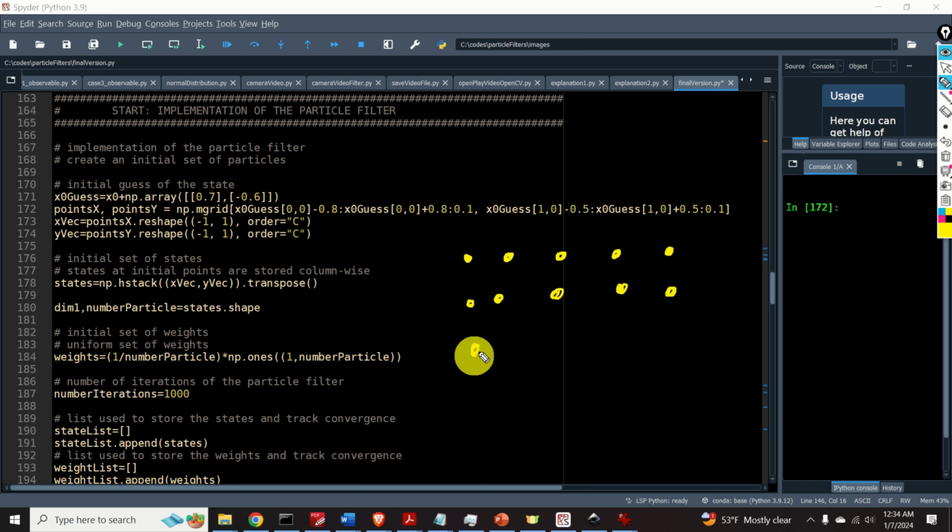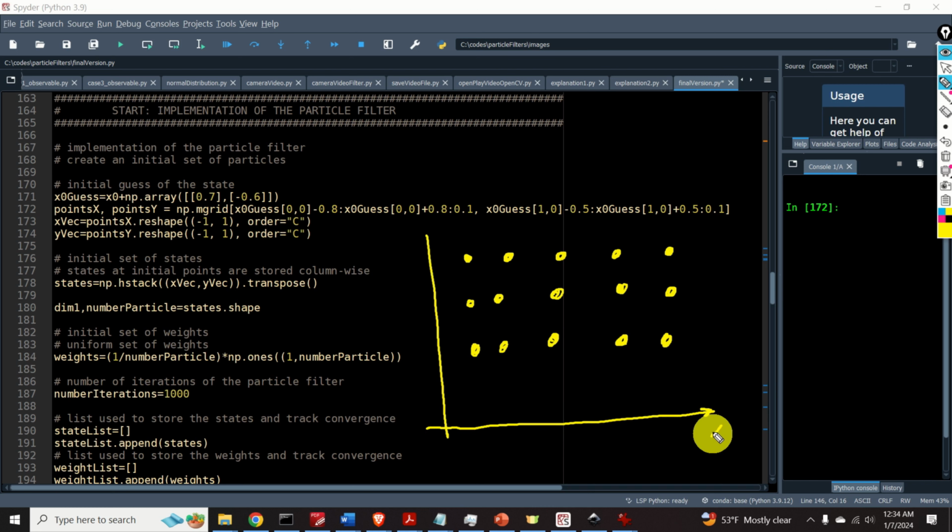Here's our grid, and this is our state space. State x1, state x2. Every point over here corresponds to an initial state.